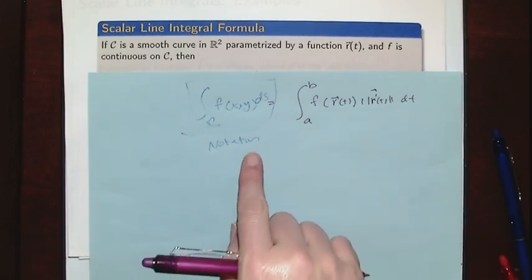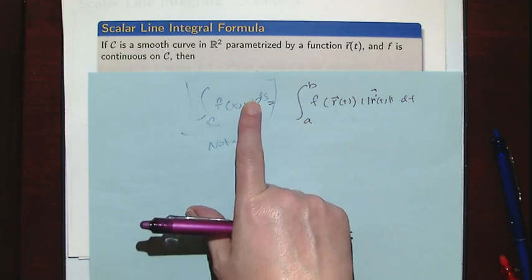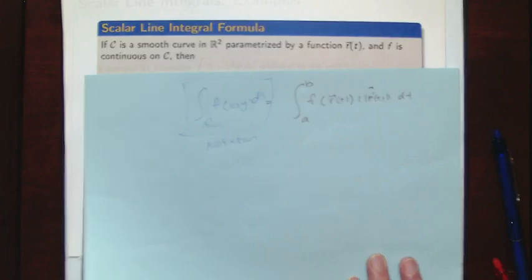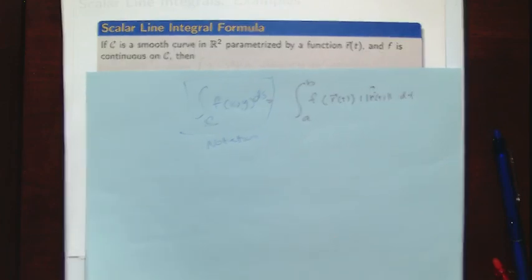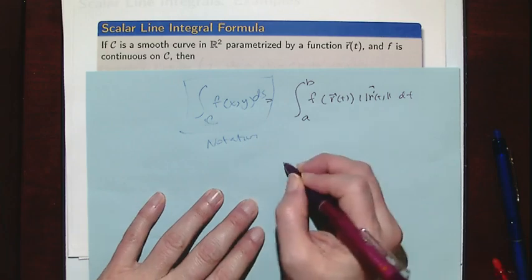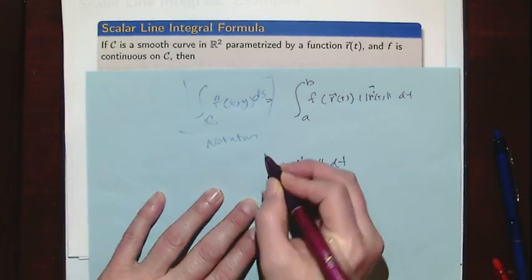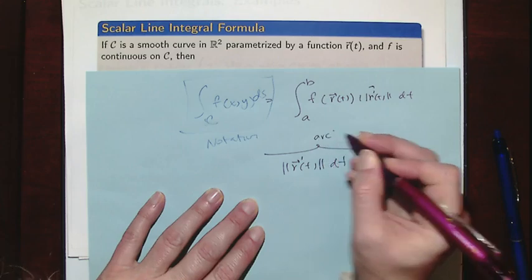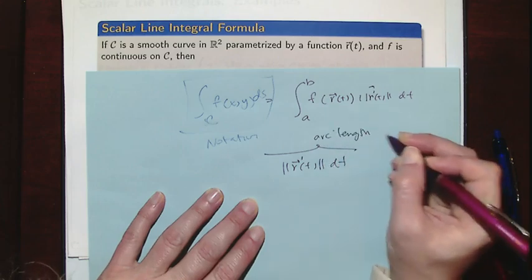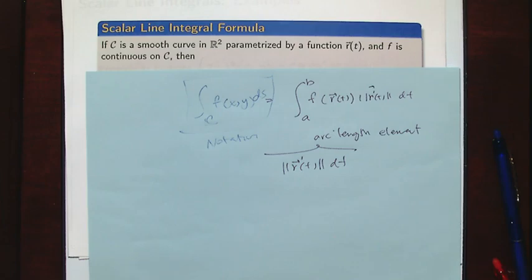That's the notation. It tells you you're multiplying the height by the small arc length. One thing I want to mention, this is called the arc length element. Do you remember you had area elements, you had volume elements, now you have an arc length element.